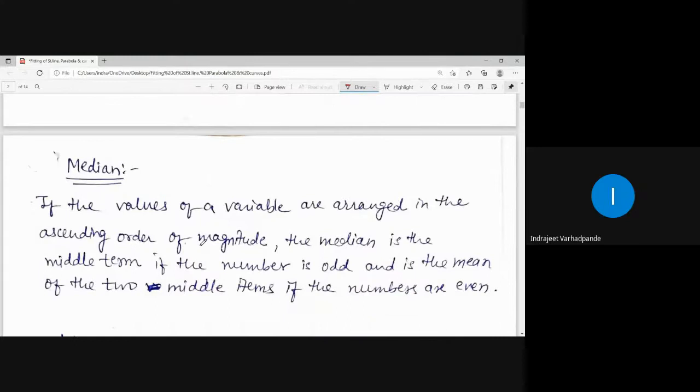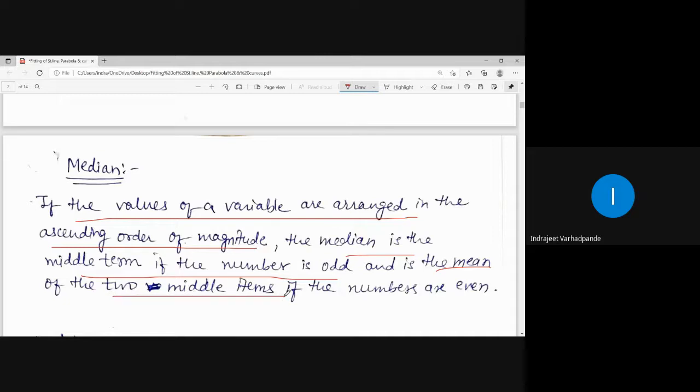What is the median? You are all familiar with this or have heard about it. If the values of a variable are arranged in ascending order of magnitude, the median is the middle term if the number of observations is odd, and it is the mean of the two middle terms if the number is even. Suppose you have an odd number of observations, say 3.